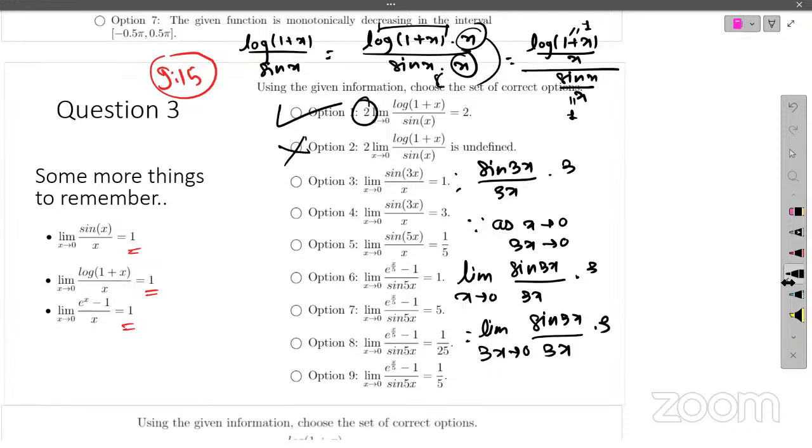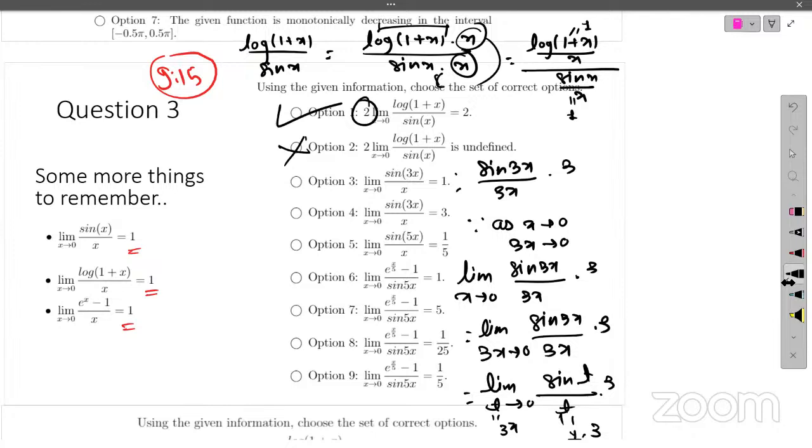Now this 3x is replaced by another variable: limit t going to 0, where t is equal to 3x, of sine of t by t into 3. And we know that this limit is equal to 1. So the limit will be 1 into 3, which is equal to 3.